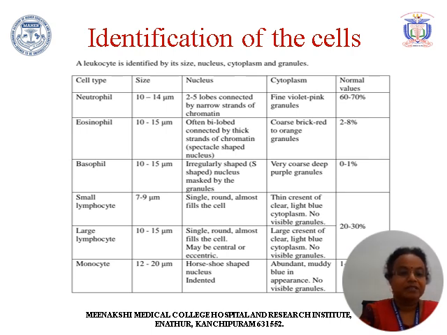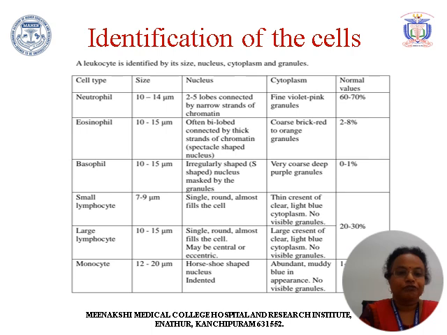Coming to monocyte, it is the largest cell among the WBCs, more than 2.5 times that of an RBC, and the nucleus is horseshoe shaped and indented, and you will be able to make out abundant muddy blue cytoplasm, and there are no visible granules.